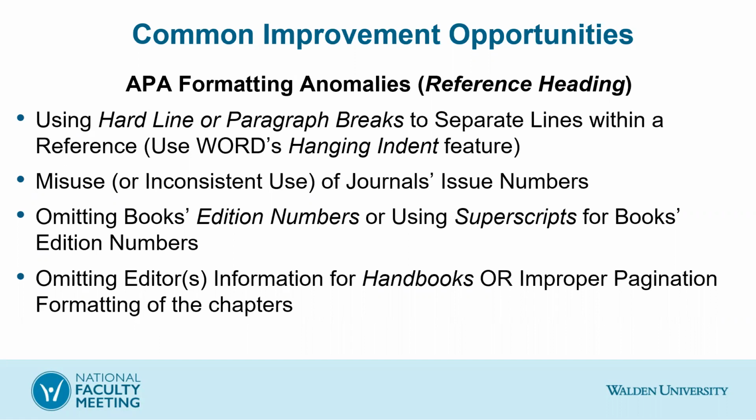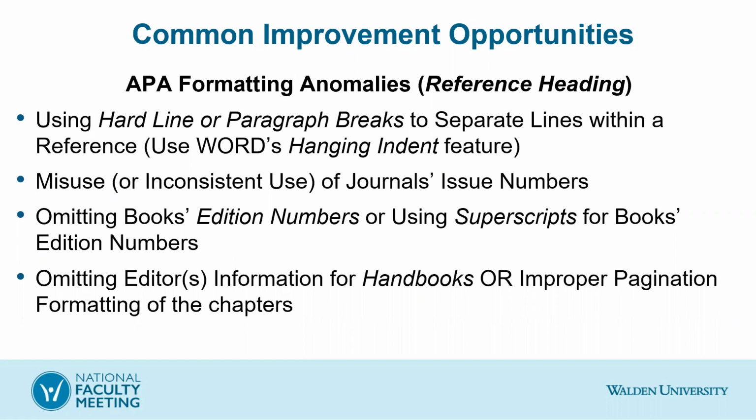Secondly, issue numbers: the improper use of, or inconsistent use of, issue numbers within the reference section. Issue numbers are required for journals in which there is consecutive page numbering, and not used for journals in which pagination begins anew from issue to issue within the same volume number.